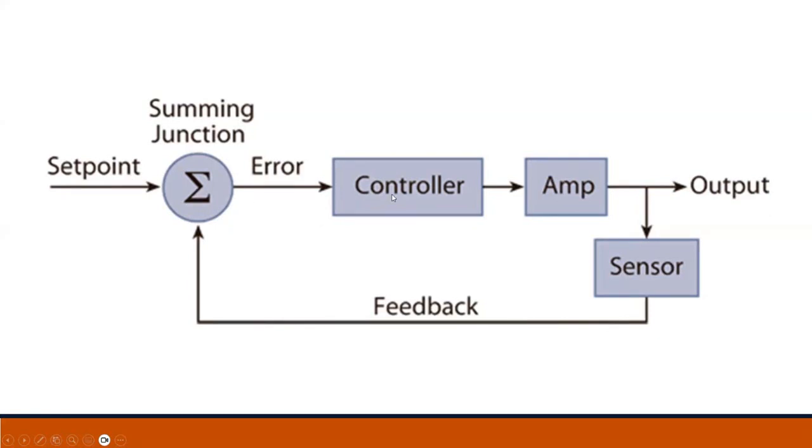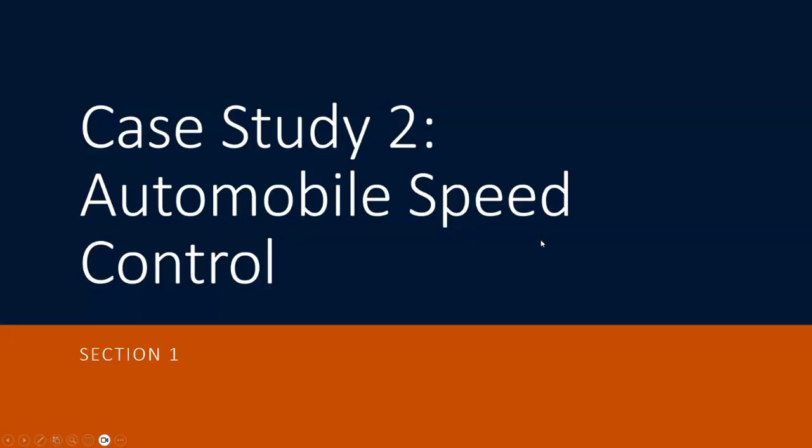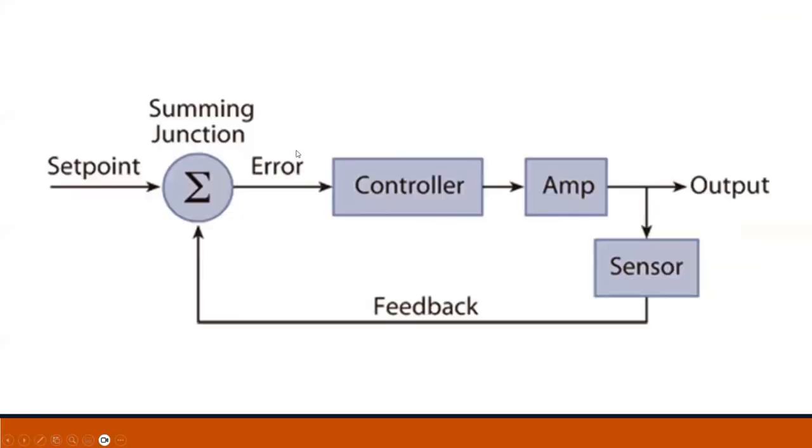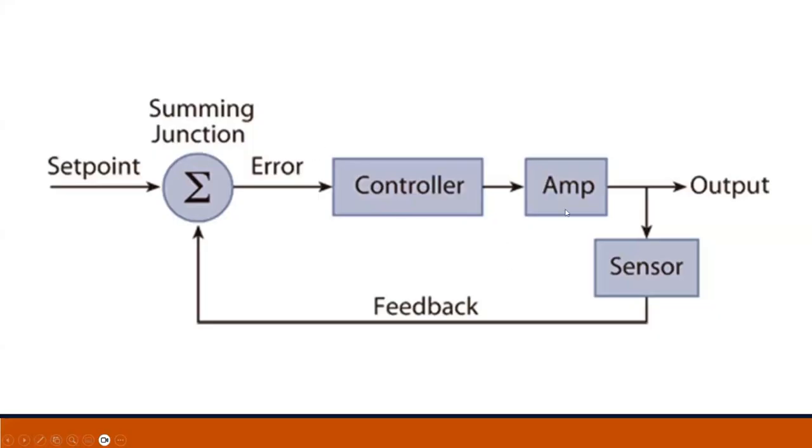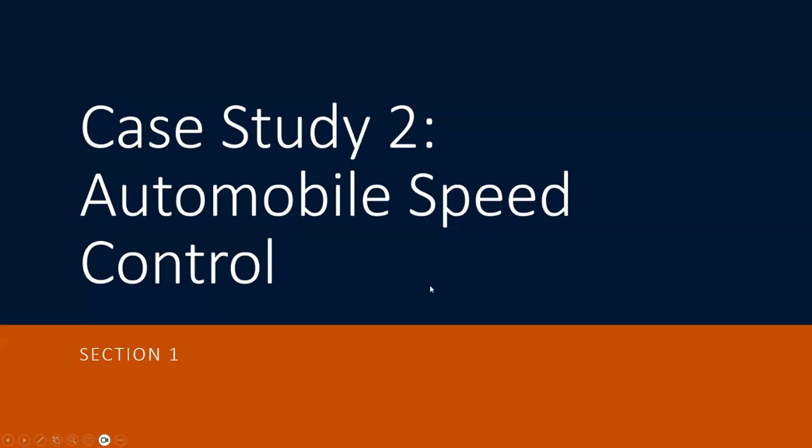Then you need to turn on the controller to control your temperature, maybe the heater. So that's case number one, a simple feedback loop. By the way, this control loop can be implemented by ASIC or microprocessor or a different way. Case number two, automobile speed control.